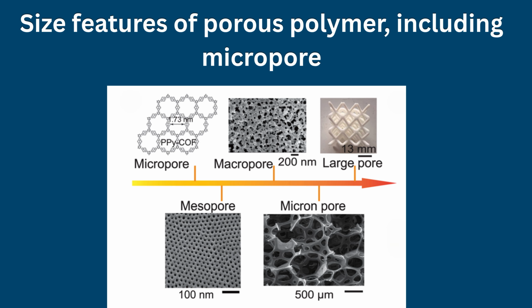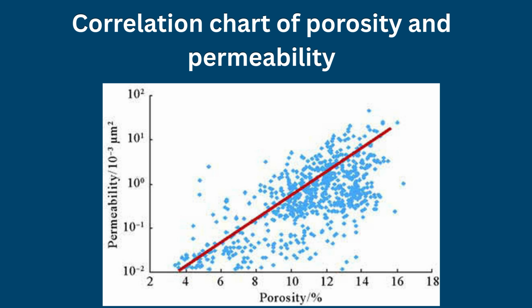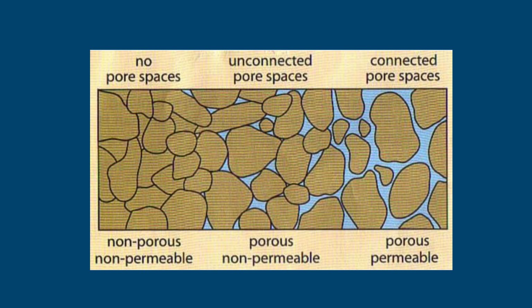Such structures are particularly effective in applications requiring both rapid mass transfer and high interaction with target species. The relationship between pore size and permeability can be understood through classical transport models, which indicate that larger pores significantly enhance fluid flow, while smaller pores contribute to selectivity and surface-driven phenomena.